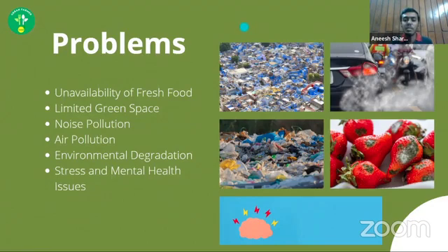The next major problem that we face today in our cities is limited green space. By visualizing this picture of a city or suburban area, you can see the trees are rarely scattered. You can actually count the trees, but you can't count the number of houses that are congested in this small area.